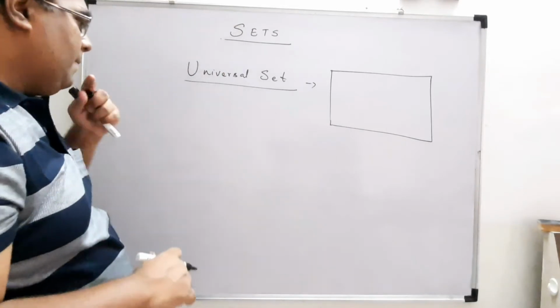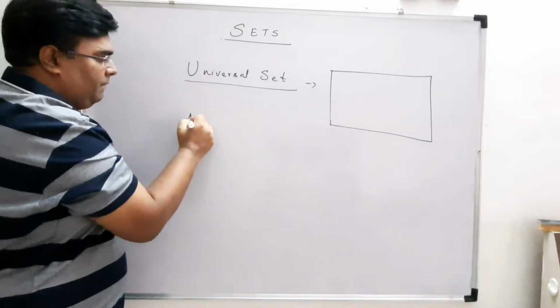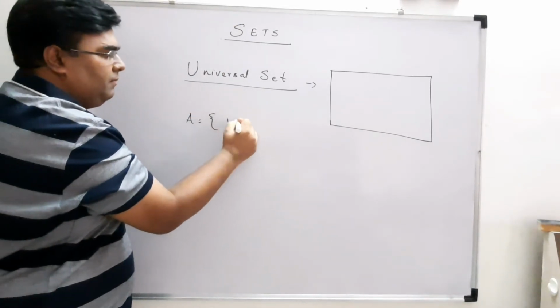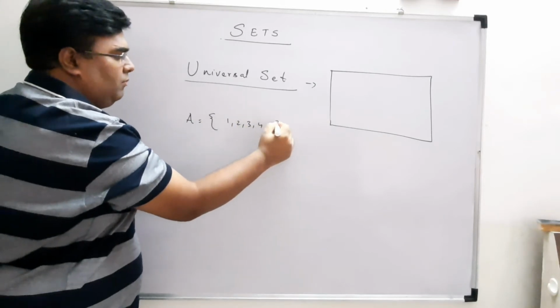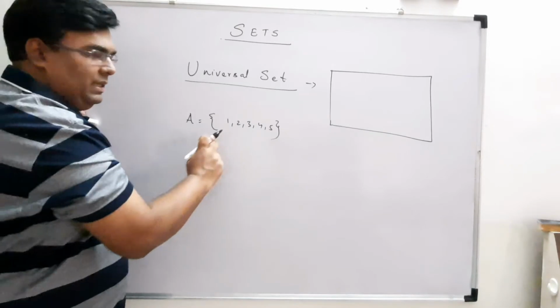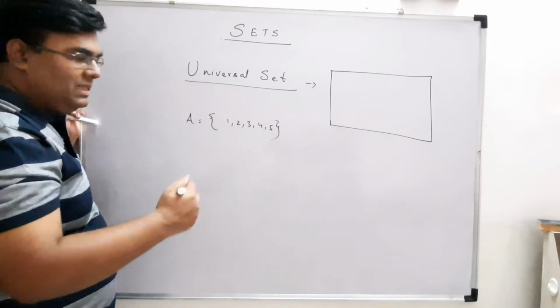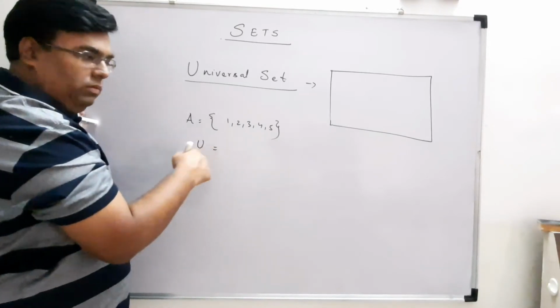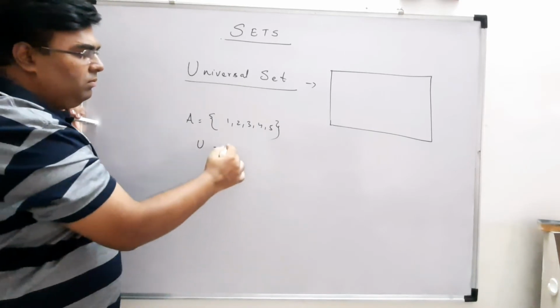So suppose A is a set 5, okay? So we can say that for this set A, my universal set U, represented by U, is what?